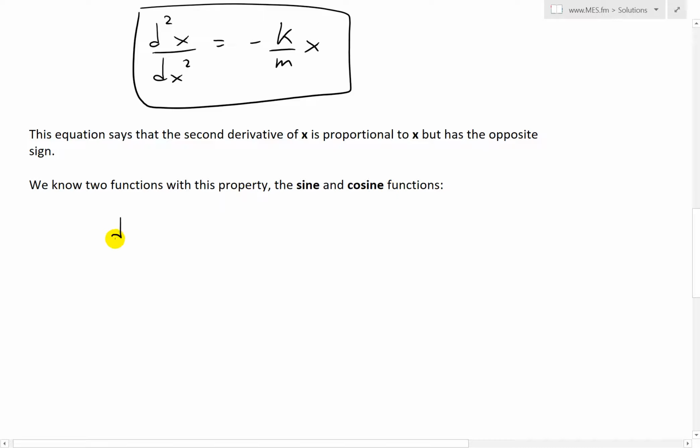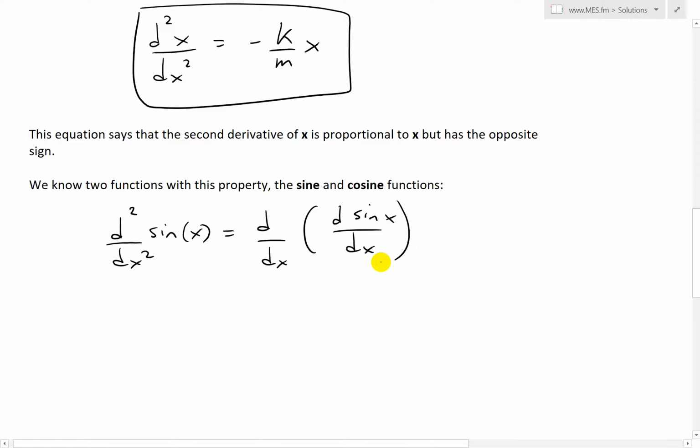For example, if you take the derivative d/dx of sine of x, like I showed in my earlier videos, this just equals cosine of x. I'll write this all as one expression: the second derivative is the first derivative of the first derivative, d/dx of d(sin x)/dx. That is exactly what the second derivative means.